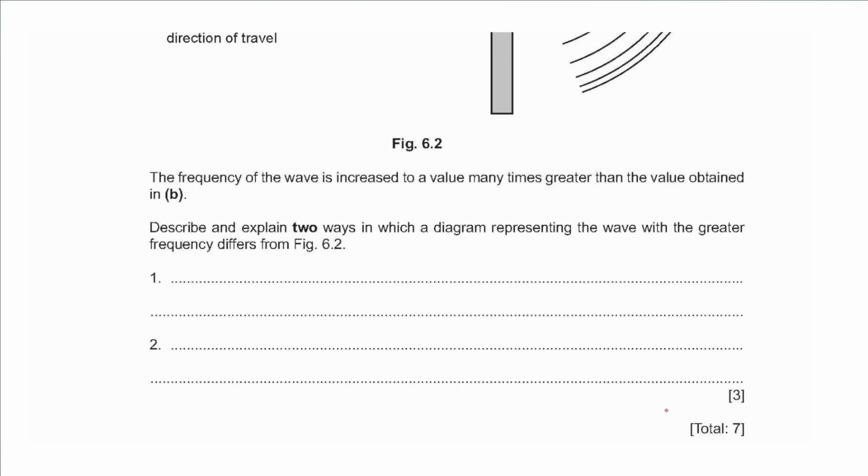So if the frequency increases, that means that the wavelength decreases, or the distance between compressions or wavefronts decreases for the same speed. And now the wavelength is much shorter than the gap size, so there will be less diffraction or less spreading of the wave.